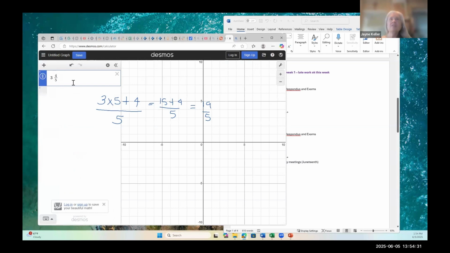Well, let's see if I do this, what it does. Yeah, it doesn't like it. So for it to know what I'm talking about, it wants that plus sign. Okay. And you can see that it converts it to a decimal. And if I want that improper fraction, again, I just click right here on this little fraction button. And now it writes the improper fraction for me.